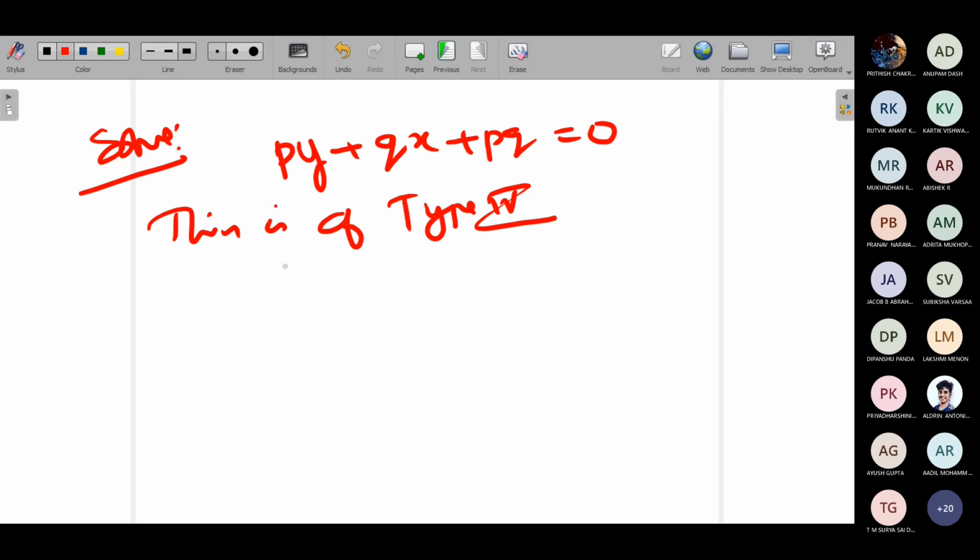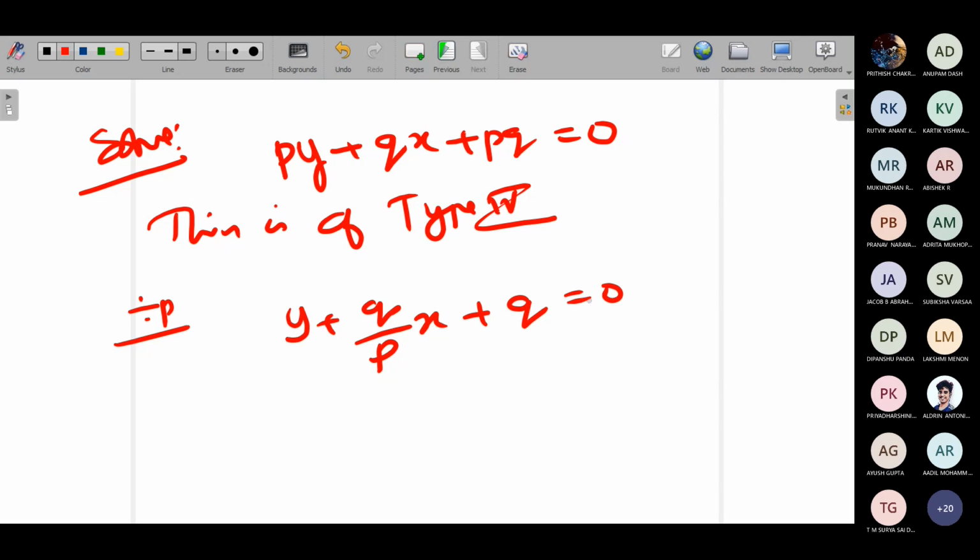You can divide this equation by either p or q. Suppose you divide it by p. You will get y plus q by p into x plus q equal to 0.